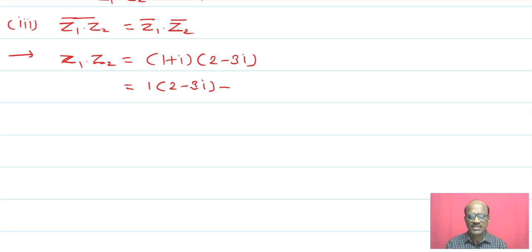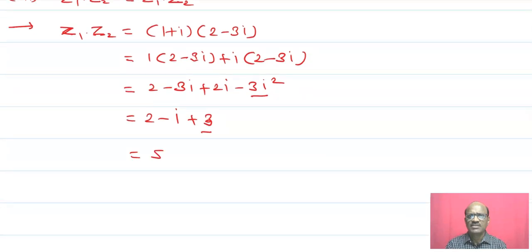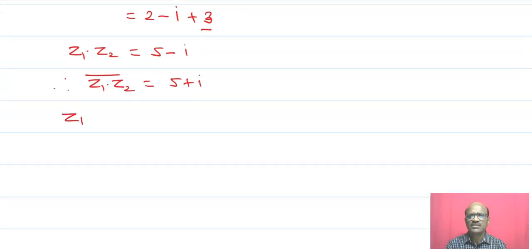Normal multiplication: 1 is multiplied with 2 minus 3i, again i is multiplied with 2 minus 3i. Simple multiplication. The value of i square is minus 1, and that is 2 minus i plus 3, that is 5 minus i. Now next, z1 into z2 bar is again 5 plus i.